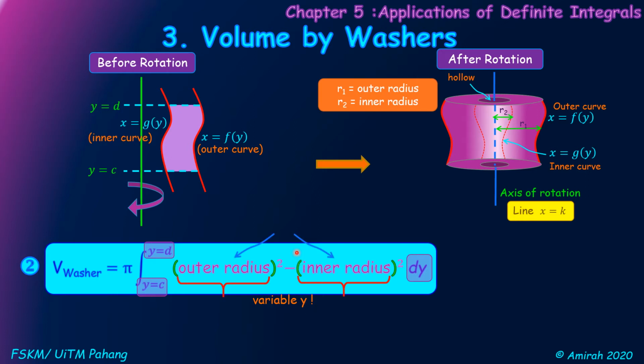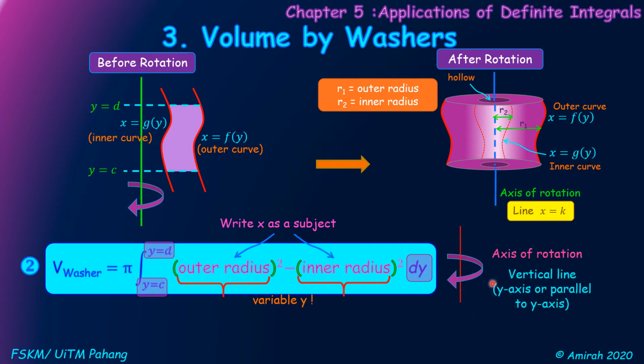To write in terms of variable y, we need to write x as the subject. This formula is for when the axis of rotation is a vertical line, meaning the y-axis or parallel to the y-axis. I repeat, when the axis of rotation is vertical, using volume by washer we integrate with respect to y, use lower and upper limits on the y-axis, and write everything in terms of y, with x as the subject.